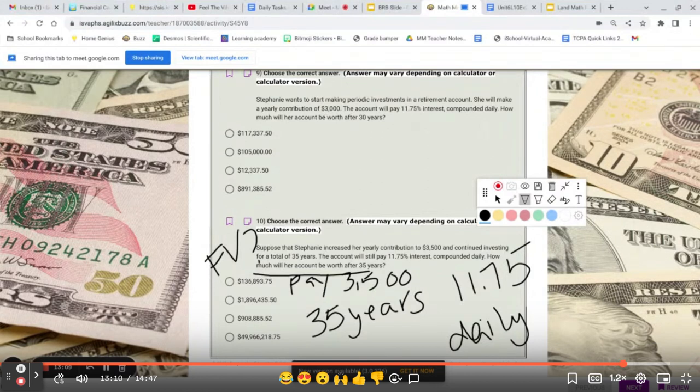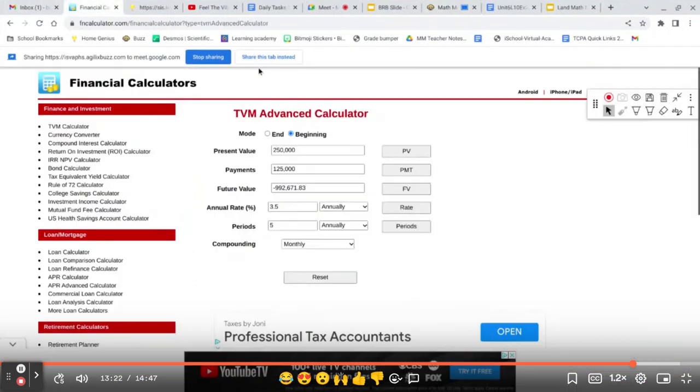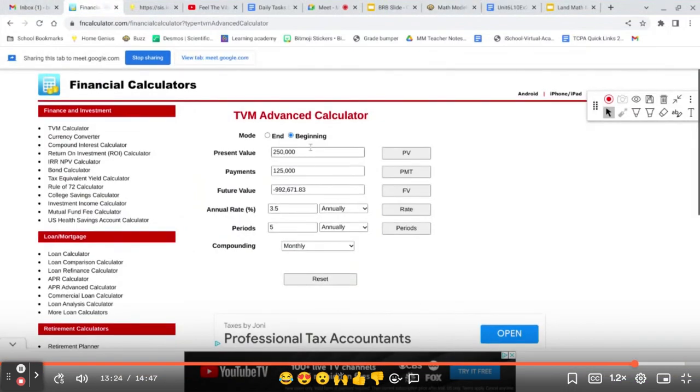So let's go over to our calculator. So she's going to make payments of $3,500, 35 years, 11.75, and she's going to do this daily. Okay, our calculator, I'll share that tab instead. So her present value, we do not have present value right now because we're going to look for future value, but she is making payments. Her payments were $3,500, and I am not putting the comma in there.